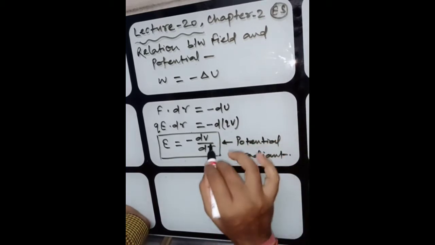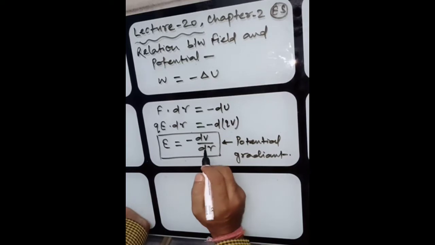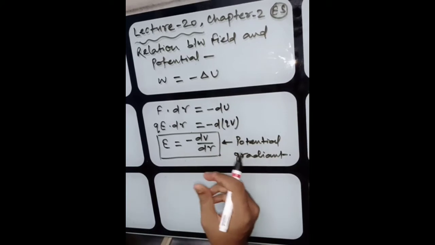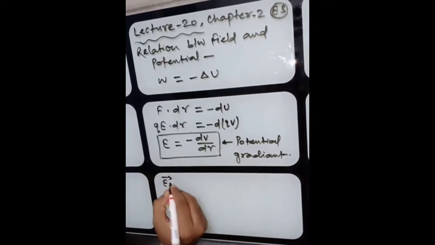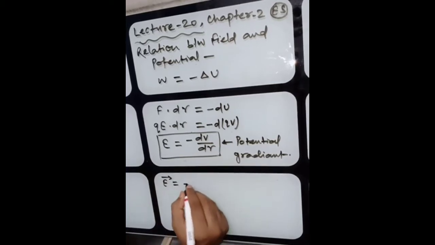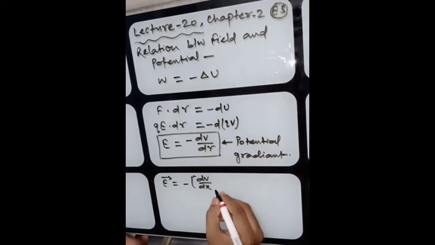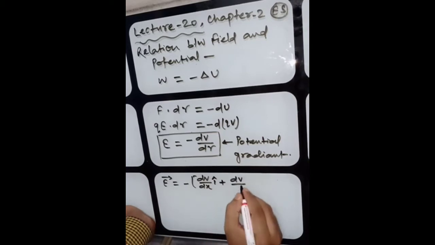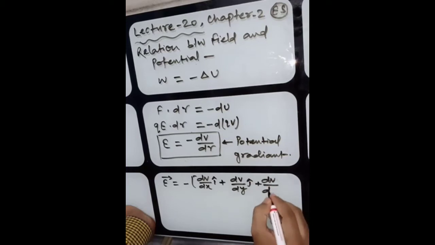So you have to remember this equation as E is equal to minus dV by dr. Since this E is a vector quantity, as you correlate the force with energy, you can also write this E in vector form as minus dV over dx i cap plus dV over dy j cap and dV over dz k cap.